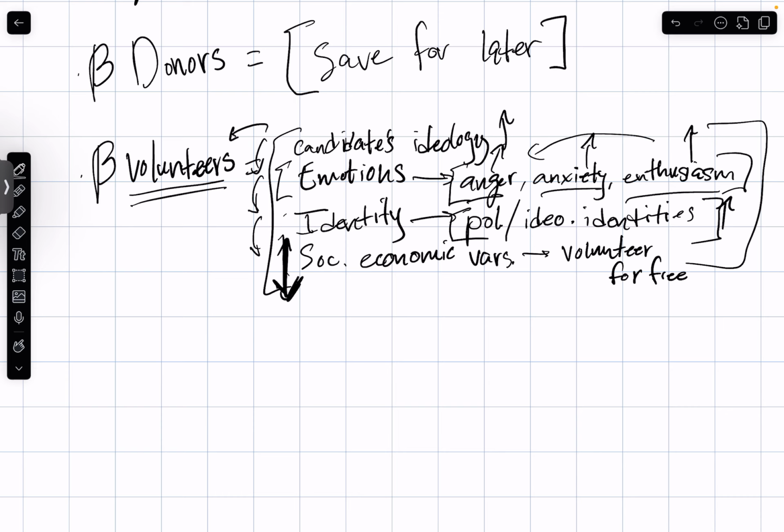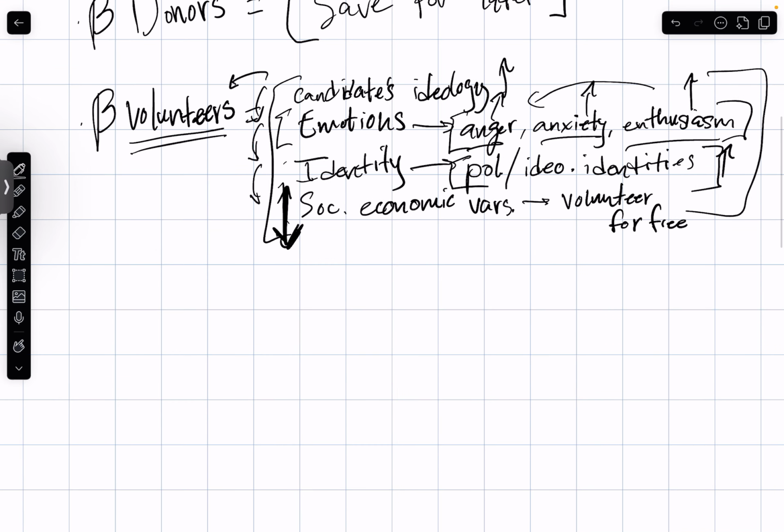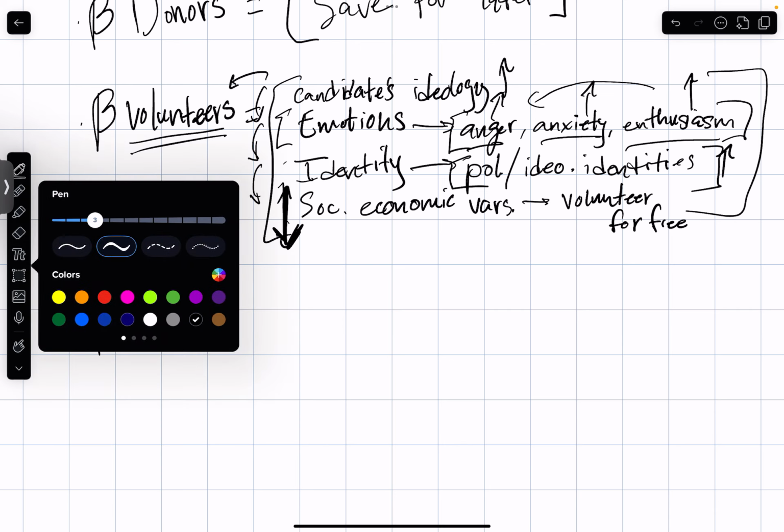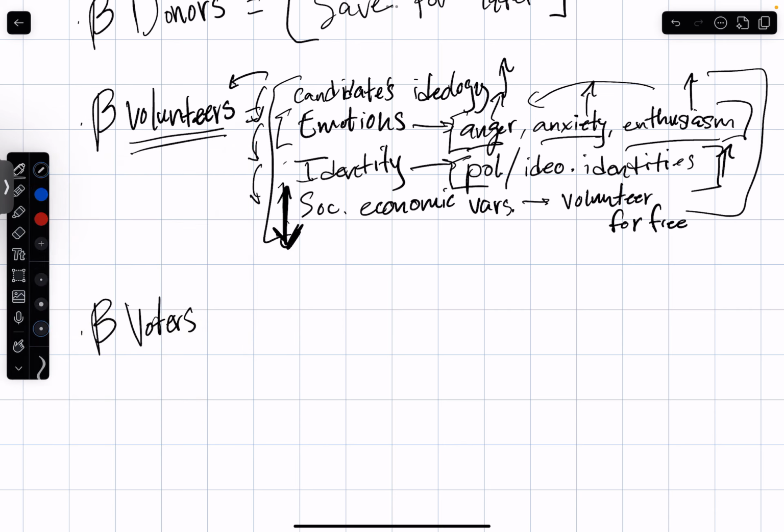Okay. Now, other socioeconomic variables matter too, but I'm going to save that for the next pillar here, which is the voters. Now, the voters are really complicated because statistically speaking, these are 100% determinative of the outcome of an election, depending on the race.